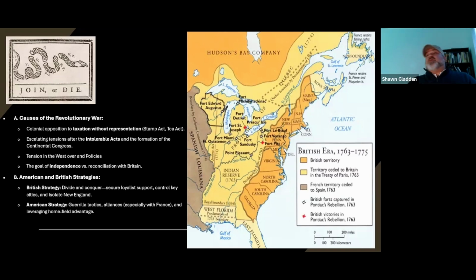Okay. So, like I said, New York, Philadelphia, and certainly New York, after the Boston debacle and the British abandoned Boston. They're going to regroup and come back, and they're going to set up a base of operations in New York City. And so that's where the first phase of the war is going to be.